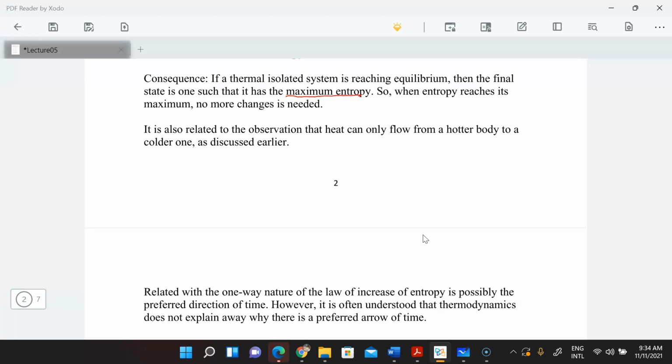And we will look at this again in a quantitative way. Once it has this equilibrium state, there will be no more heat flow, because the two bodies have already reached thermal equilibrium. That means they have the same temperature.